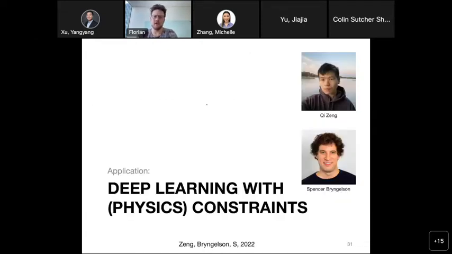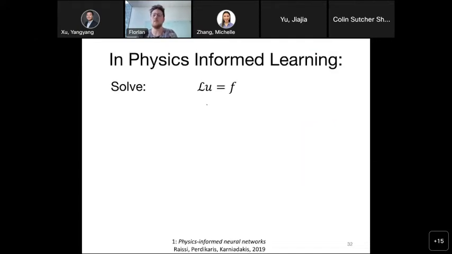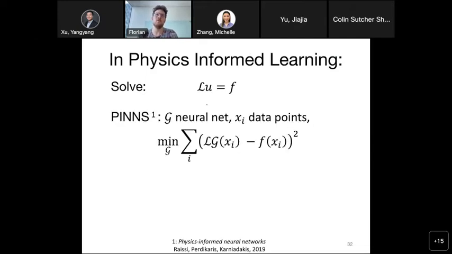Another very recent application is deep learning with physical constraints. Some of you may be familiar with PINNs, physics-informed neural networks, where one wants to solve a PDE by replacing the solution with a neural network and then puts a penalty on the residual of the PDE.